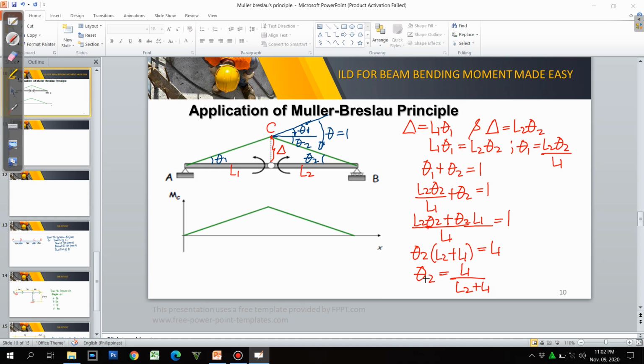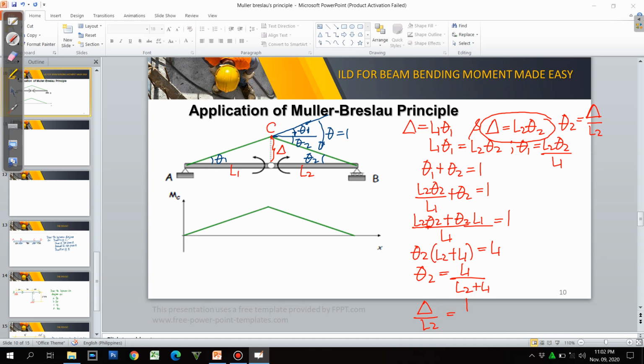Further, theta 2 could be expressed into delta because delta is our concern here. So from this equation, we have theta 2 is equal to delta all over L2. So we can replace this by delta all over L2.